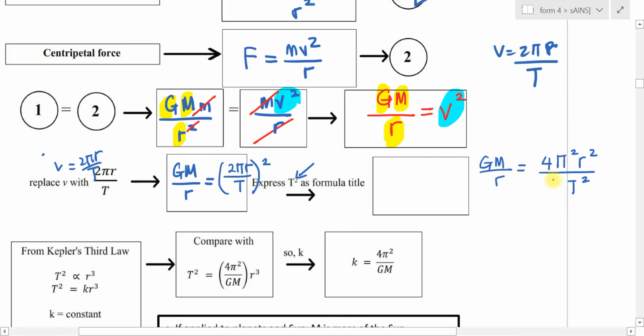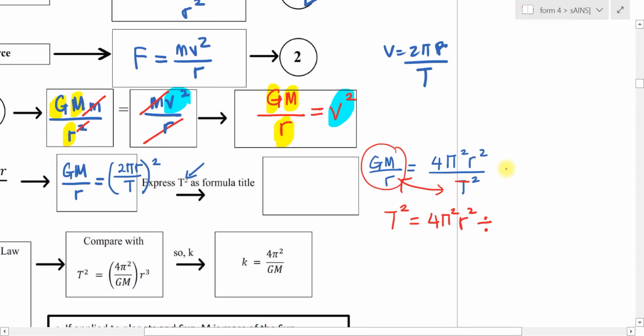I make T as a subject. So, this whole G M over R, saya bawa dekat sini, bahagi. I swap place. Jadi dia akan jadi T square equal to 4 pi square R square bahagi G M over R. Faham dah yang ni? This part you understand? Faham.